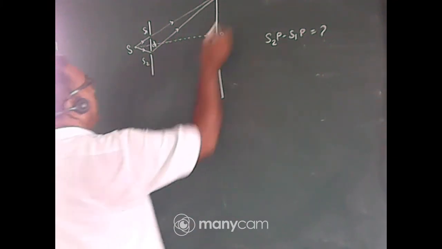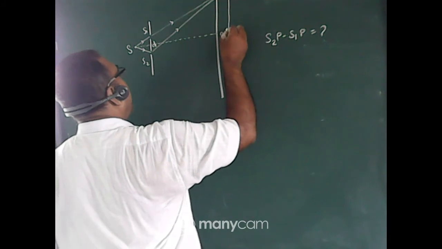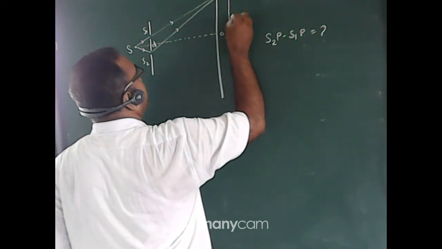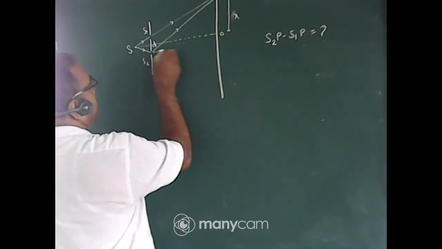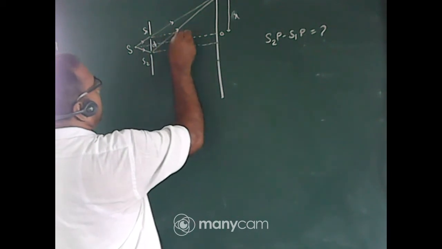This is the central line. The distance of P from the central point O is x. So that distance will be the same, this and that.